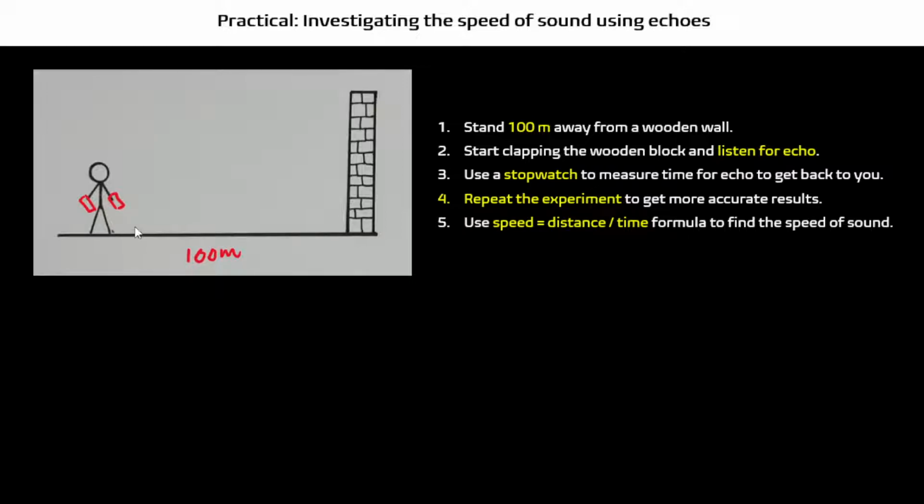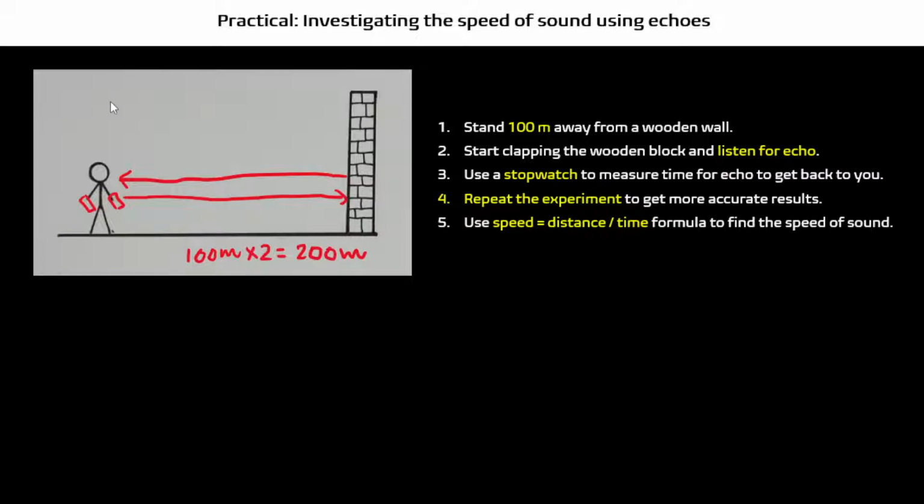So what will happen here is the sound waves will travel once to the wall and the echoes will come back to you. So it means that the total distance traveled by the sound waves is actually 200 meters.